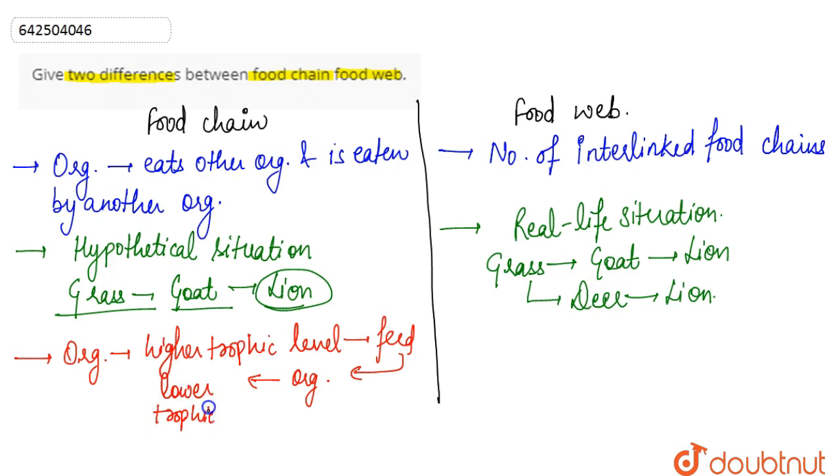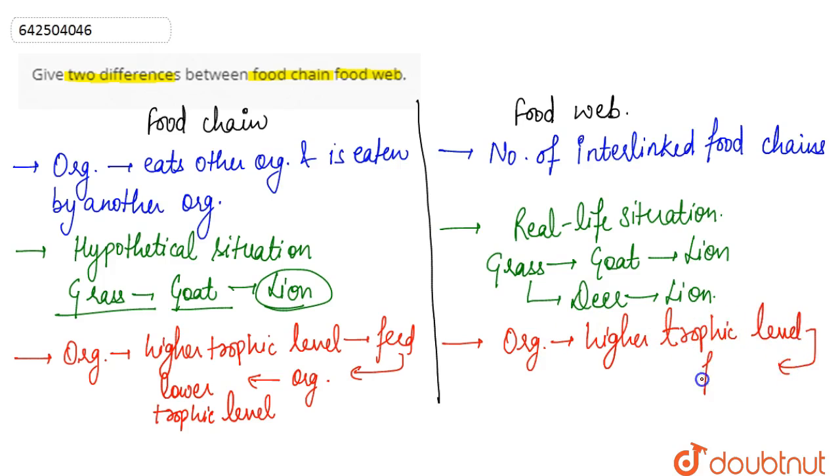And if we consider the food web, the members of a higher trophic level can feed upon organisms of the lower trophic level of other food chains also. So the organisms at a higher trophic level can feed on any organism at the lower trophic level in any of the food chains.